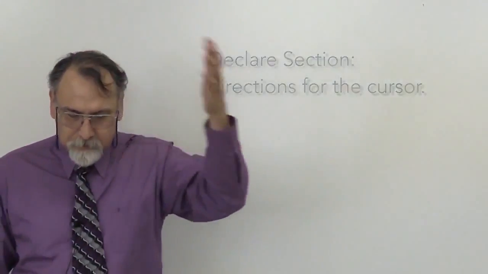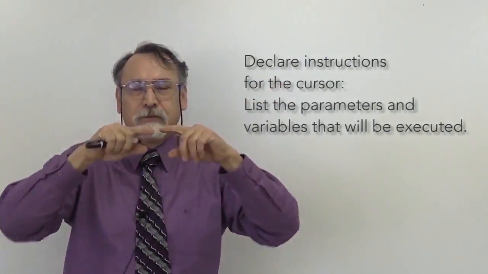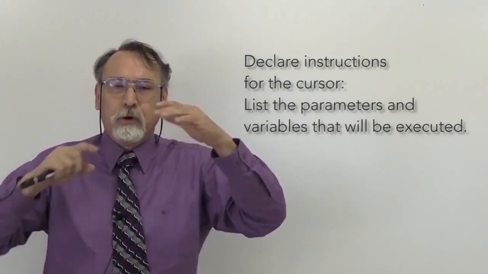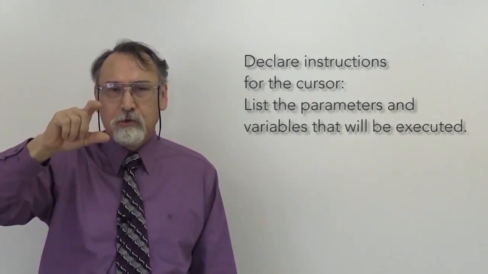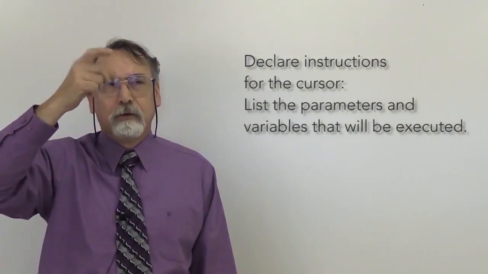Now, we talked about the block earlier, where you have the begin, the exception, and the end. The cursor is part of that process. When you have the declare section in your block, the declare is where you list the parameters, the variables, everything you're going to use in the executable part, because you have to set aside parameters and variables that are going to be used in the actual code.